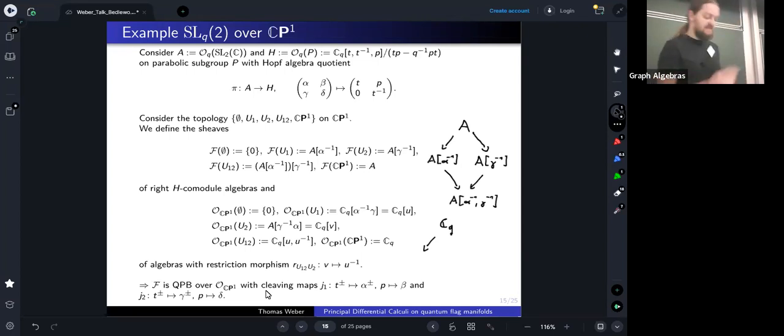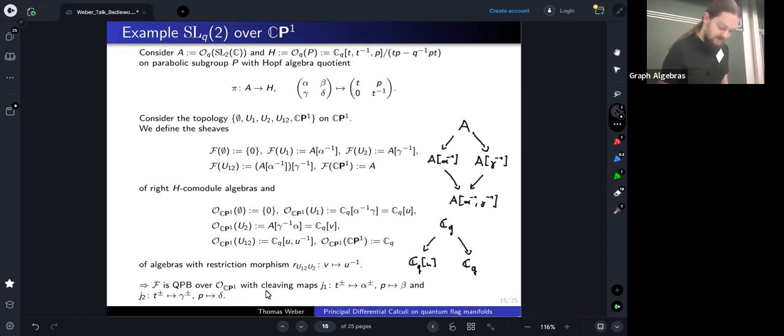Okay, since we are running quite a bit out of time, let's see this sheaf for CP1. Globally, we have just the constant functions. On U1 we have now one generator, so we have C_q of some variable u.